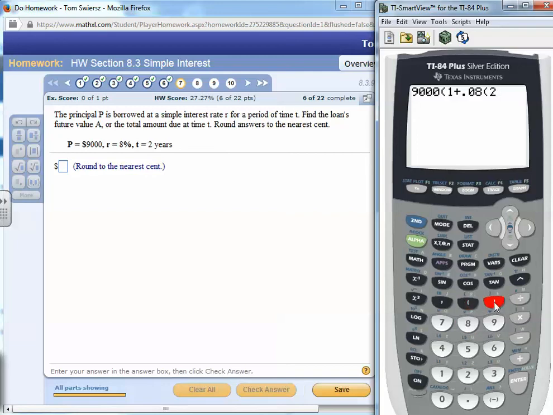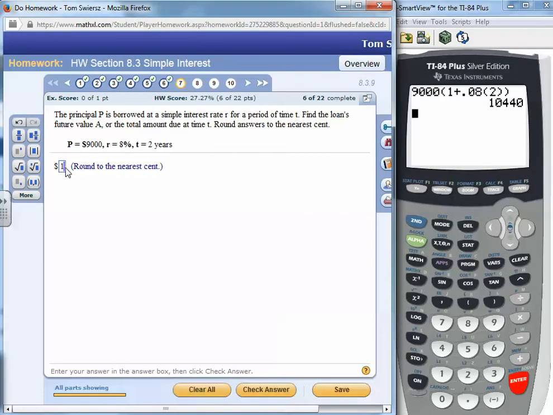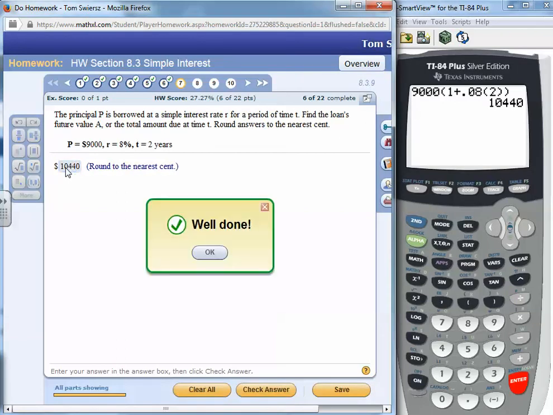Now I use parentheses around the 2 to indicate multiplication, so I need another right paren to close off the entire 1 plus RT. So I'm going to end with 2 right parens, hit enter, and the future amount of the loan is $10,440.